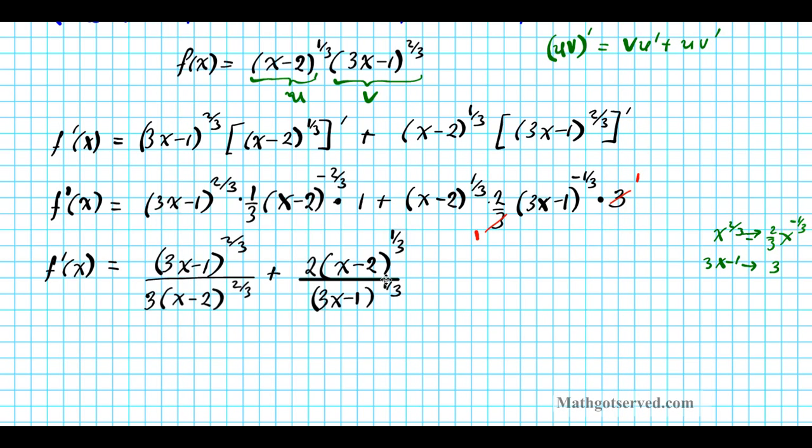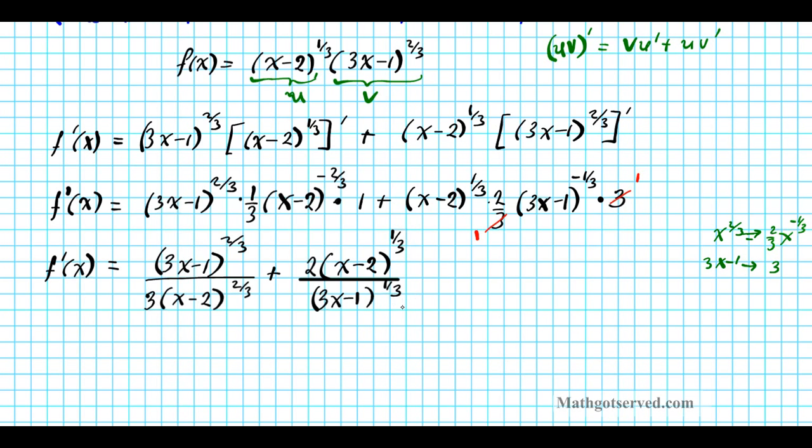Now, to combine these fractions so we can set the denominator to 0 with ease to calculate when the derivative is non-existent, we're going to have to find the LCD. So let's find the LCD and combine these two rational terms.